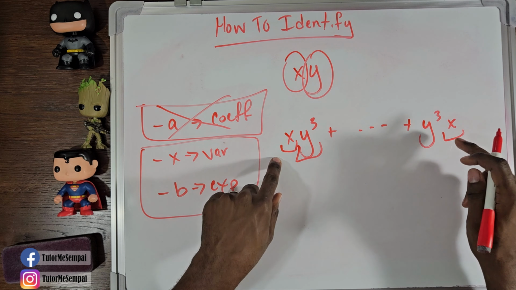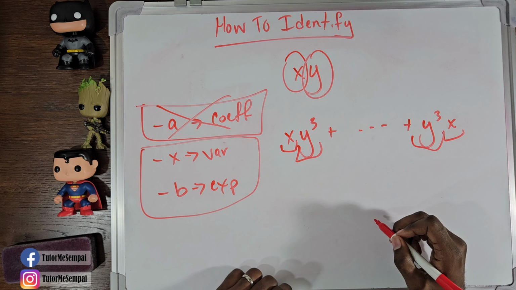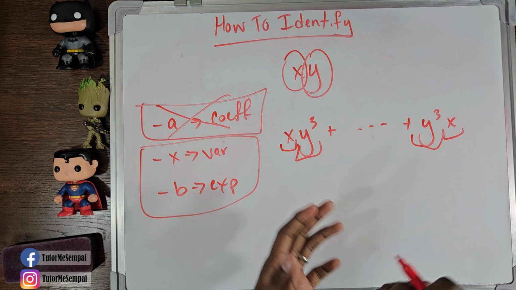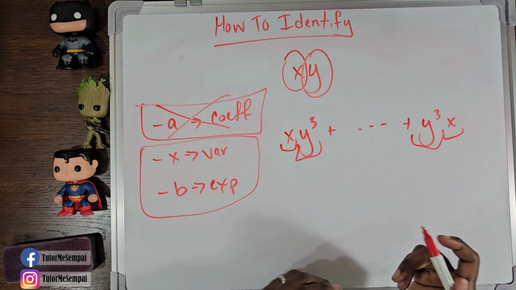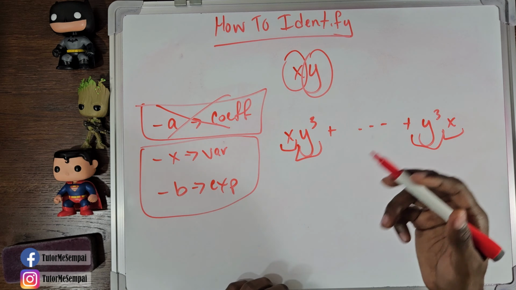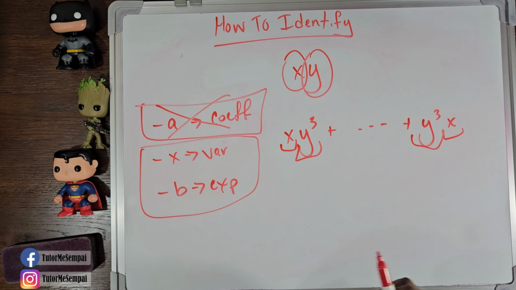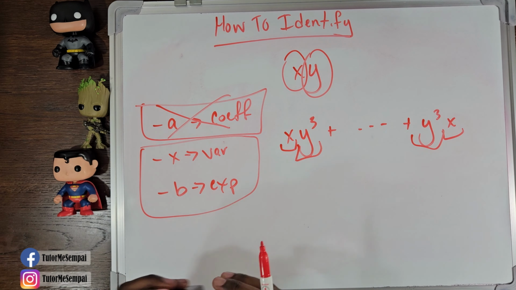Same exponent and same variable in both locations. How about your y? Same variable, same exponent. The order doesn't matter. You can swap around the order when you multiply, so the order doesn't matter. As long as you have the same x with the same exponent and the same y with the same exponent, that's a like term.